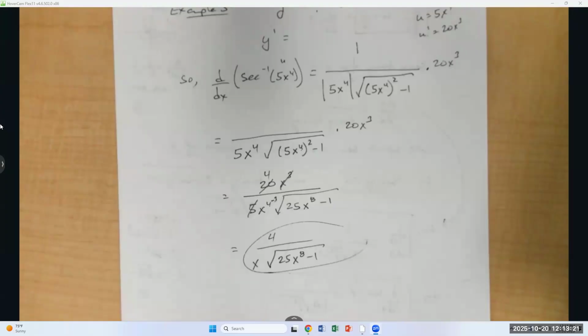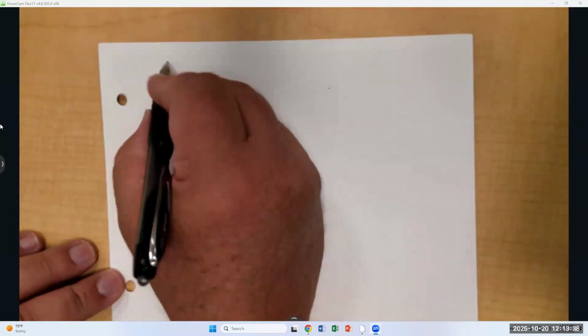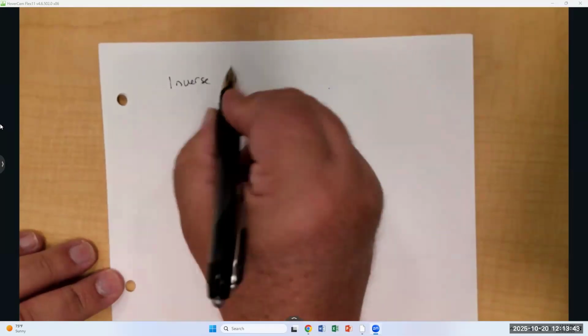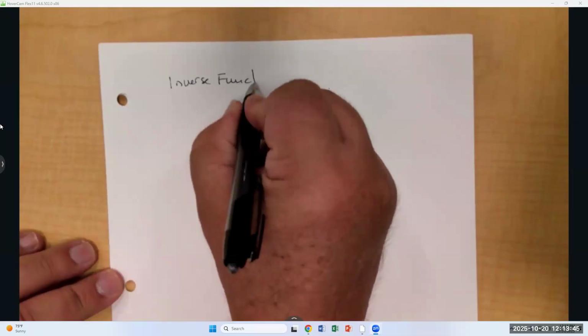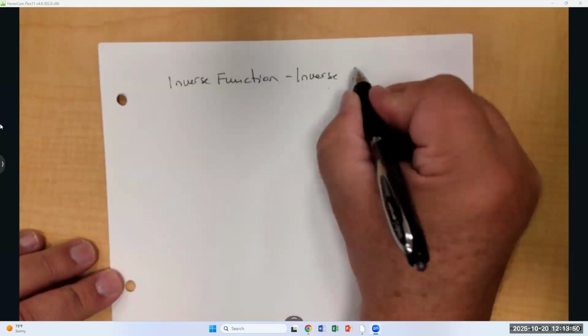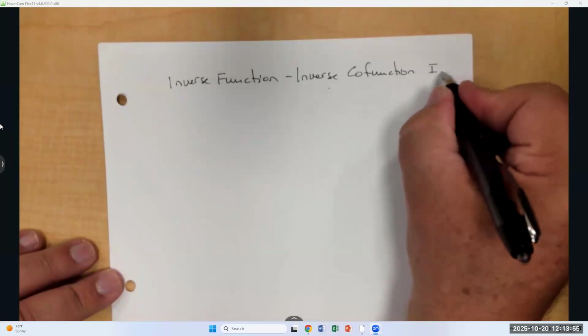This should be cofunctions. The inverse function of the inverse cofunction identities.